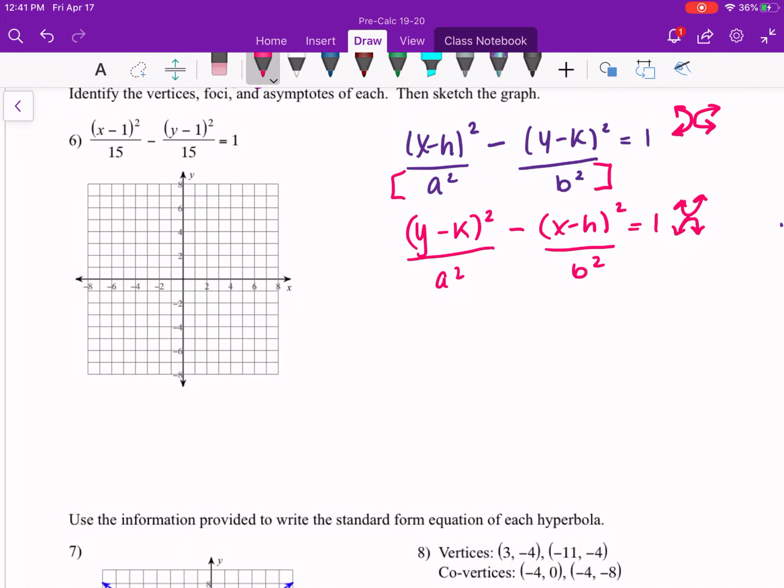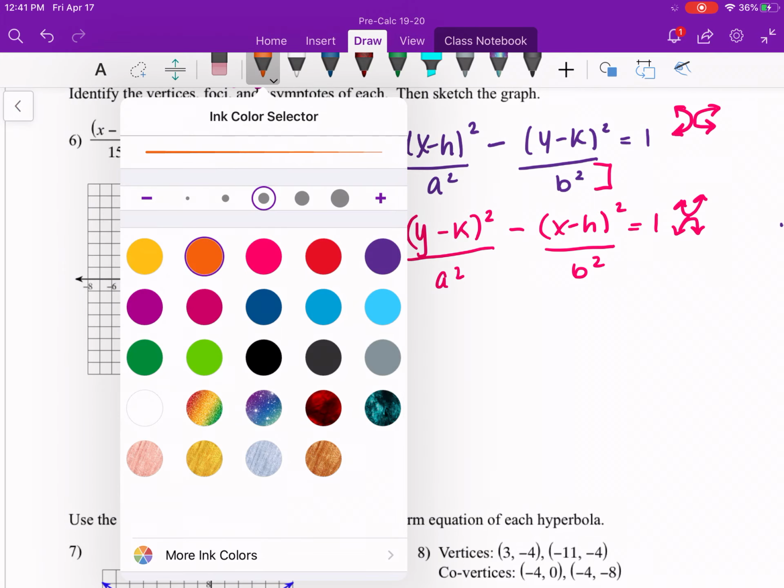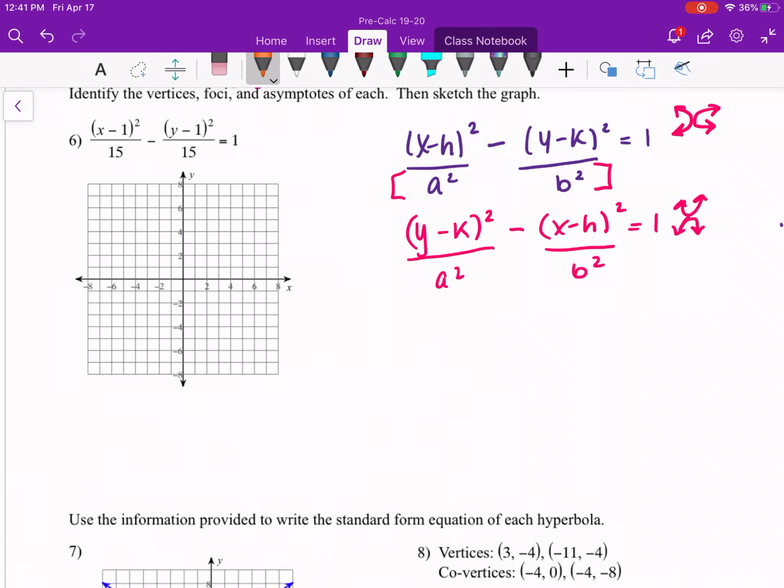One of the best ways I have to help you remember that, and this could totally not work for you, is when I see them open left and right, I imagine seeing the X. Now I know you'll tell me that when they're vertical you can see the X too, but when they're vertical, I always picture this as a Y. That's just always worked for me over the years. I started learning conic sections back in like 2013, and this is still how I remember it.